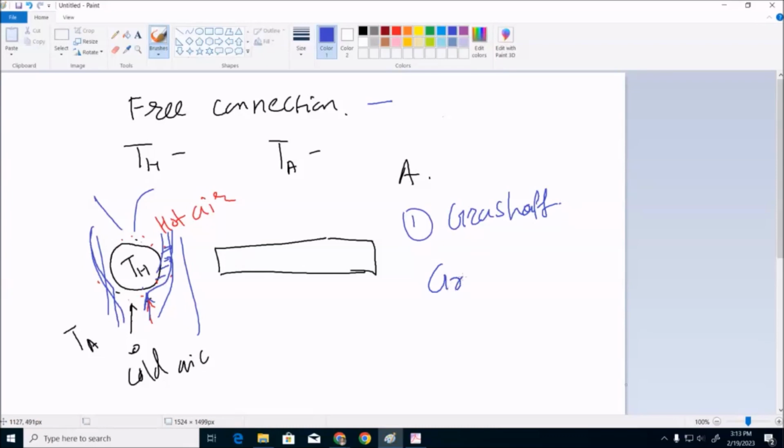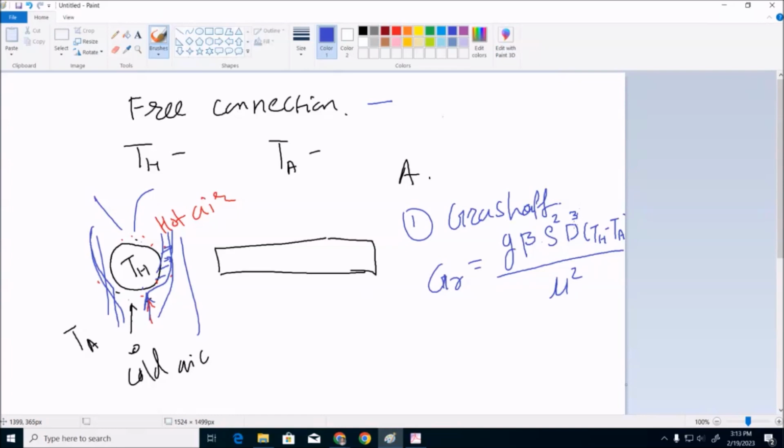It is denoted by Gr and given by g beta rho square D cube (Th minus Ta) divided by mu square, where g is gravity, beta is the thermal coefficient of expansion (I will explain it), rho is density, and D is the diameter.